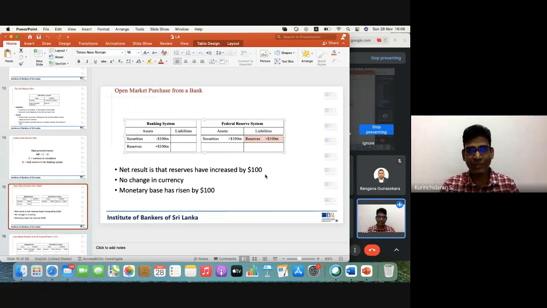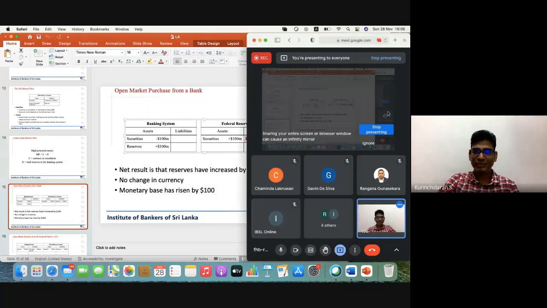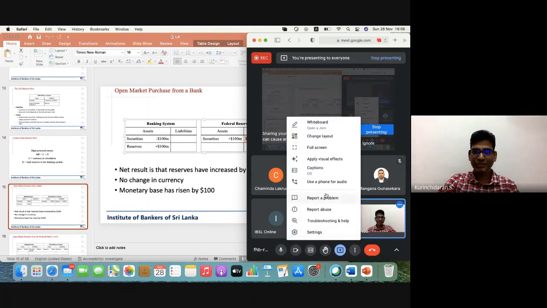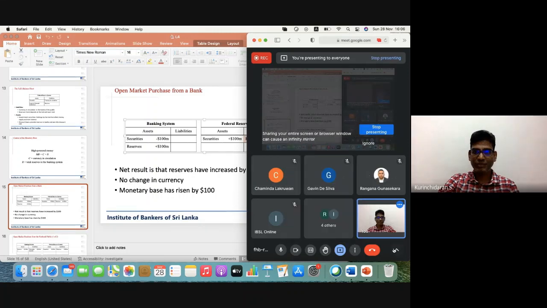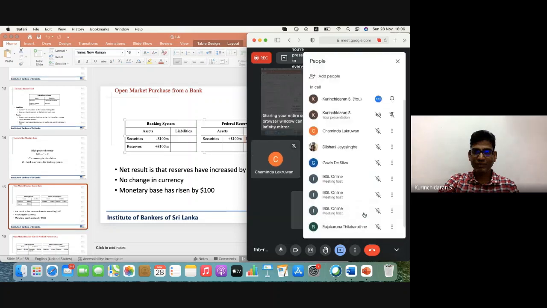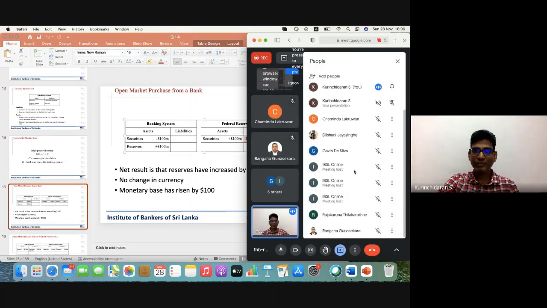Now what can this bank do with this reserve? Why is the central bank doing this? Dilshani?